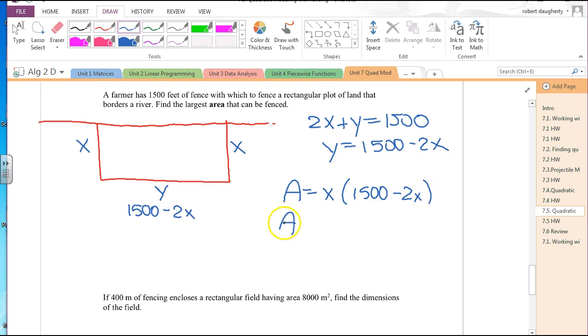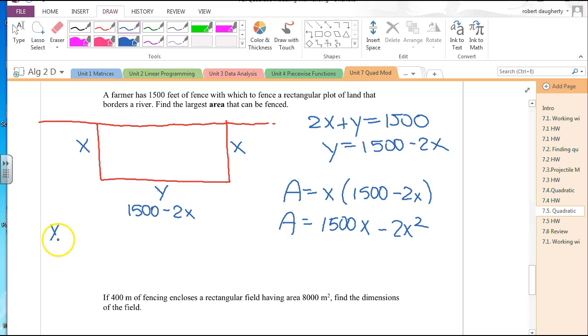So the area is 1500x minus 2x squared. That's the equation of a parabola that opens downward. So its maximum would be its vertex. If I can find the vertex, I know what maximizes the area.